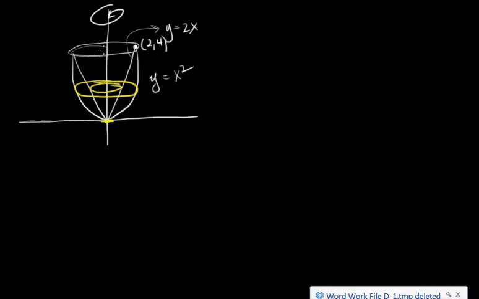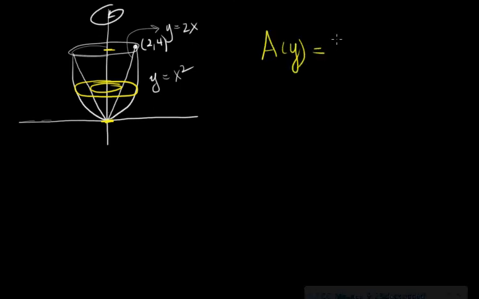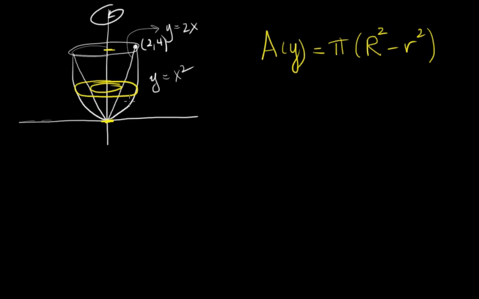There's my cross-section. I could have taken that cross-section anywhere from y equals 0 to y equals 4, and clearly it is an annulus. So A of y, we're integrating with respect to y, will be pi times the big radius squared minus the little radius squared.